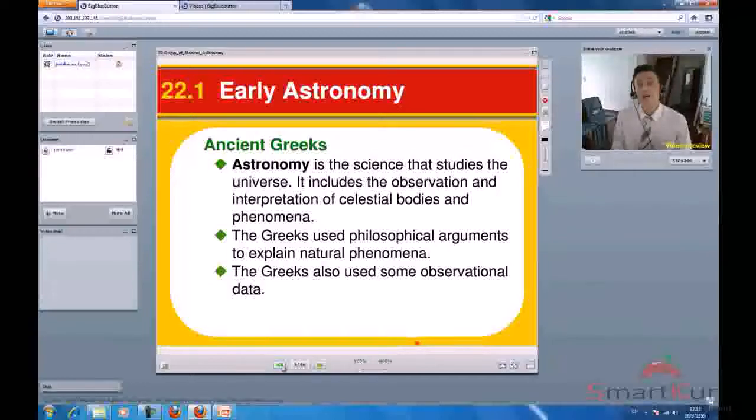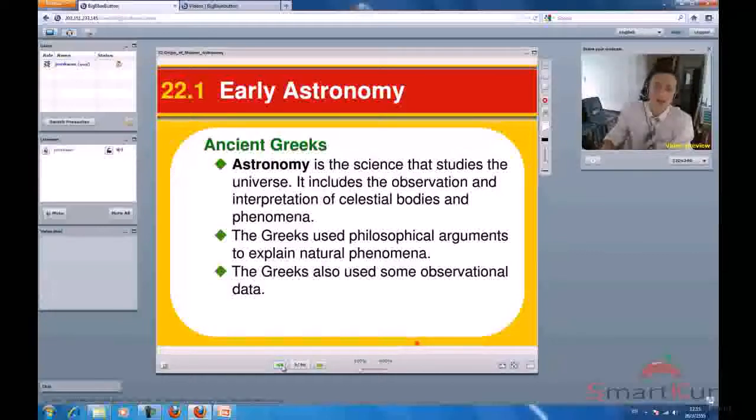Celestial bodies would be things like planets and stars. Phenomena would be things we see happening in the sky. What we see things do. What are those planets and stars actually doing? Because they're not just sitting there, that's for sure.